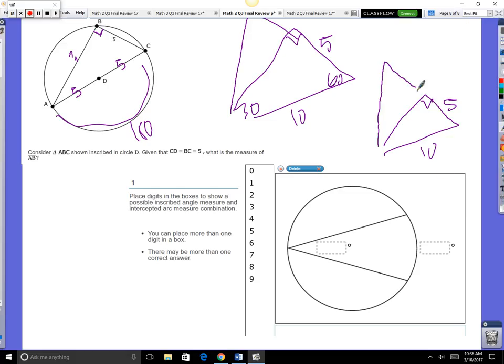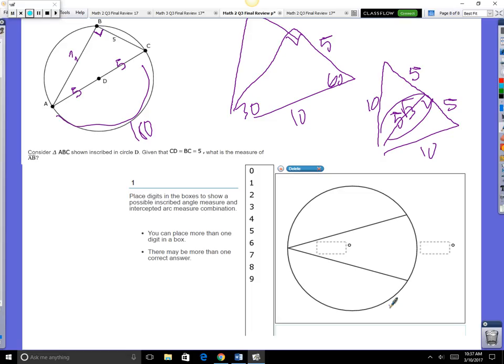So this is 5 square roots of 3. So you use half of an equilateral triangle, 10 by 10 by 10. Or you can do the Pythagorean theorem and get the same thing: 5 square roots of 3 when you're done.